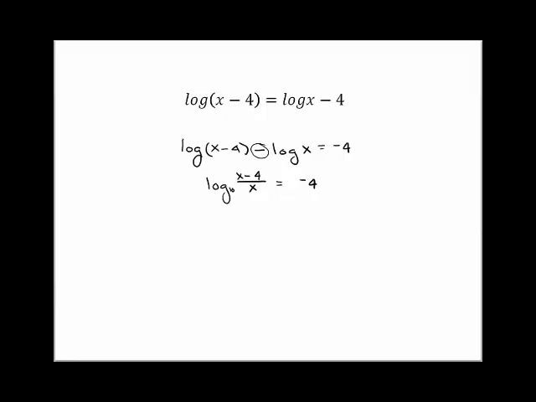Okay, so now we've got the common log. And what is the opposite, if you will, for the common log? It's 10. So we have x minus 4 over x equals 10 to the minus 4.